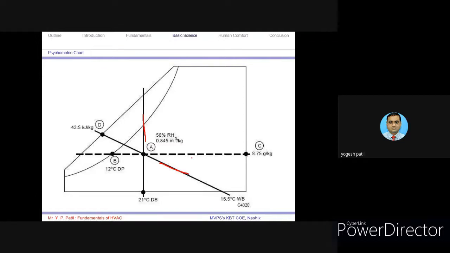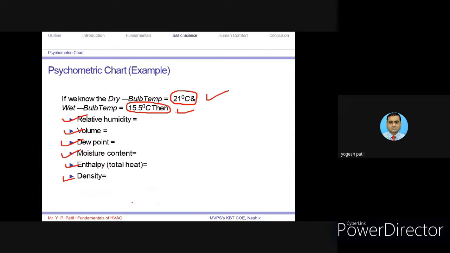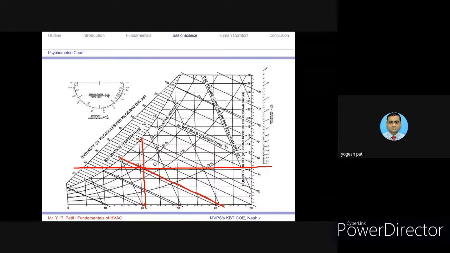Now we have to choose the points. This intersection point is called A. The next intersection point is about the relative humidity, where this horizontal line crosses the relative humidity of 90%. So where is the 90% line?